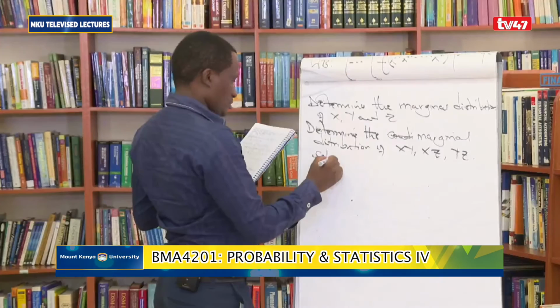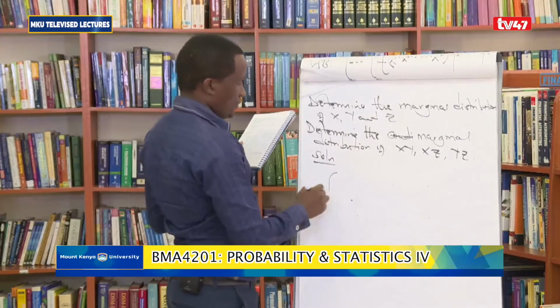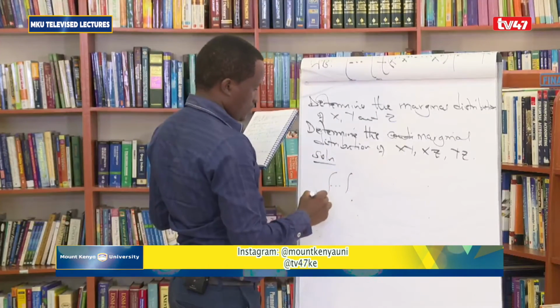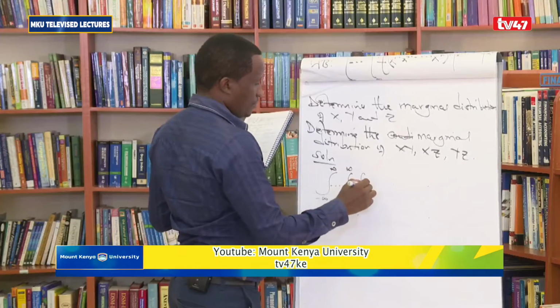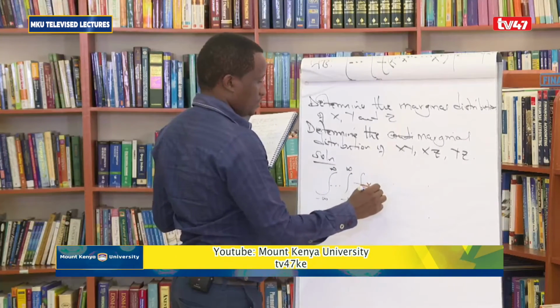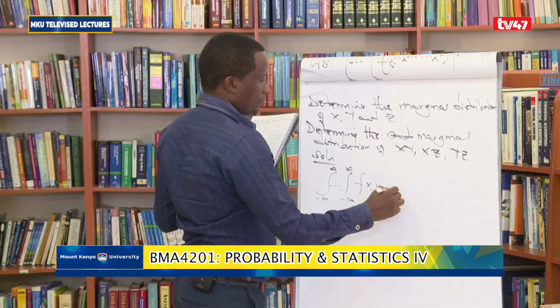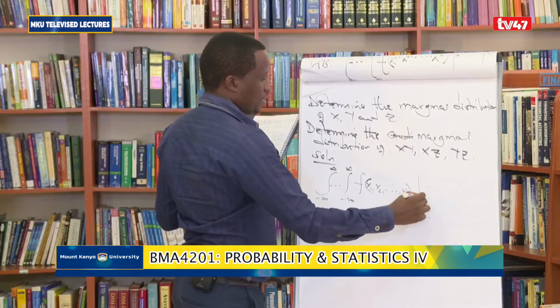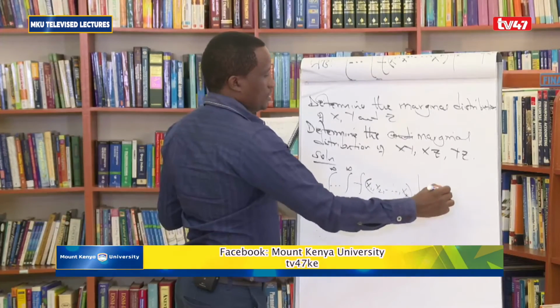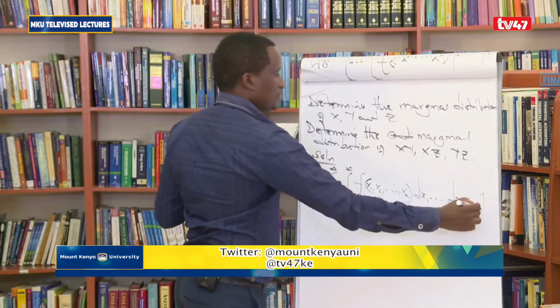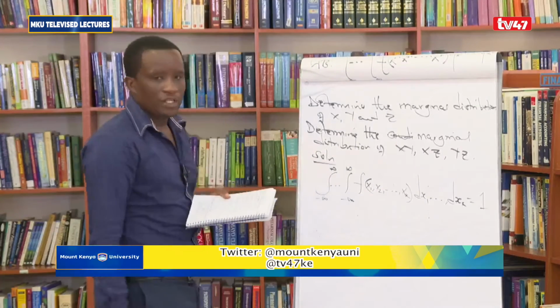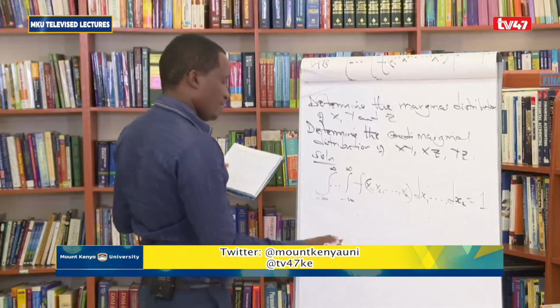Solution. We've seen that if you integrate over all x of f(x1, x2, all the way to xk) dx1 all the way to dxk, you should get 1 for it to be qualified as a PDF. So here we have 3 variables, x, y, z.